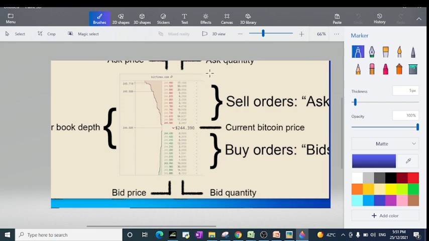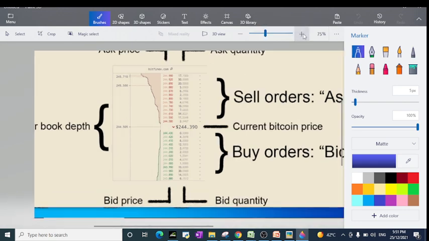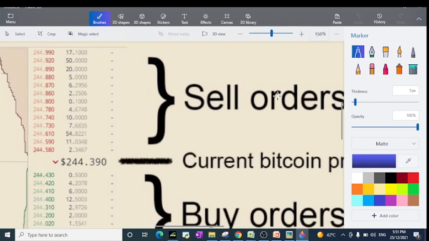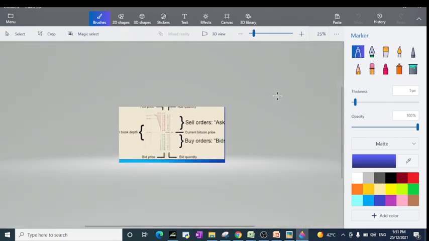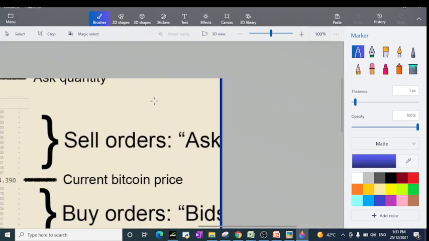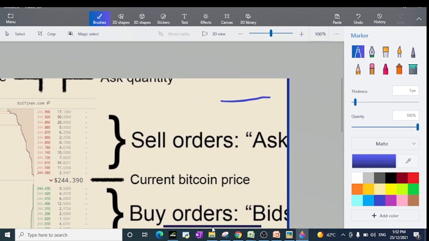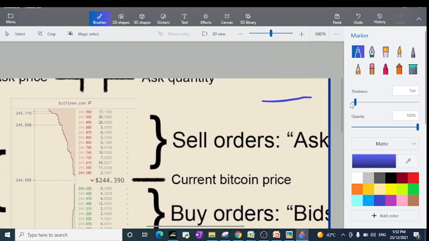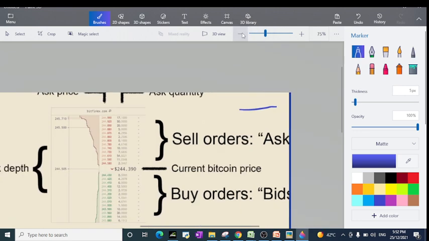Okay. Oh, it's annoying. Zoom out a little bit.